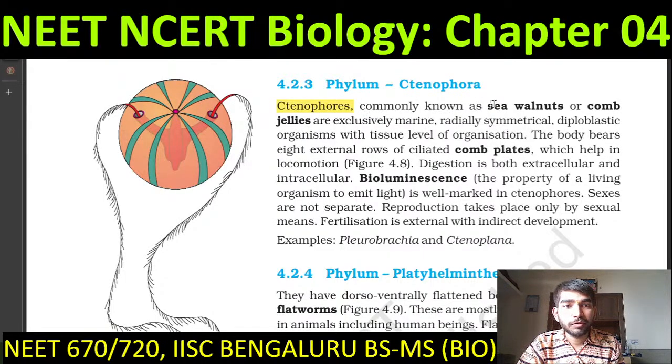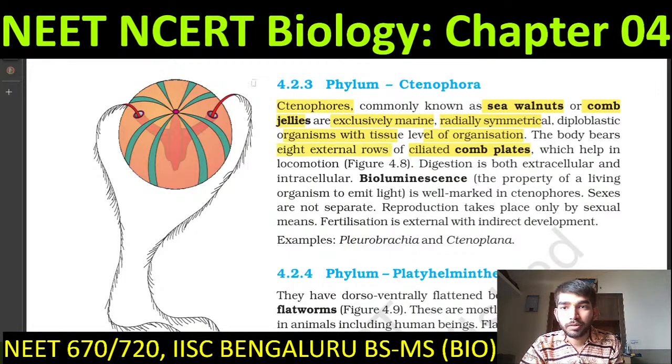So next is Ctenophora, which is known as sea walnut or comb jellies, exclusively marine. They are almost always found in salty water, radially symmetrical. You can see why it is radially symmetrical. You can divide it. Diploblastic organisms with tissue level of organization. The body bears 8 external rows of ciliated comb plates.